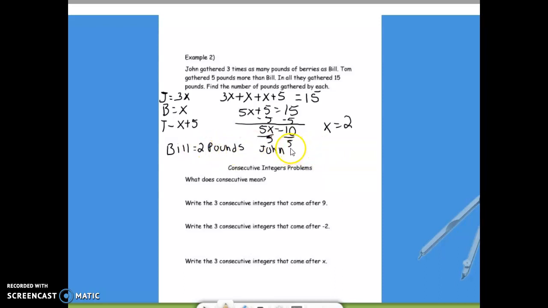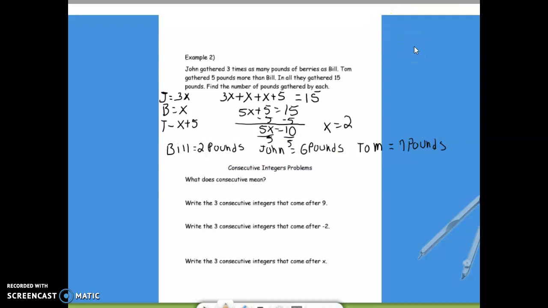So John has 6 pounds, right? And then good old Tom, let's see, Tom has 5 more than Bill. So 5 plus 2 is 7 pounds. If you want to just do a quick little check, 6, 7, 8, right? Plus 7, that's 15 pounds altogether, okay?